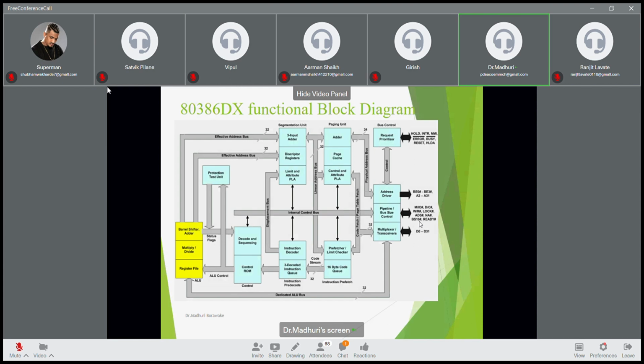For the C language, it is a binary file, and for the assembly language, it is an ASCII hex file. So whenever there is an instruction from the user, it must be decoded, and that will be done by the decoder and the prefetch unit.